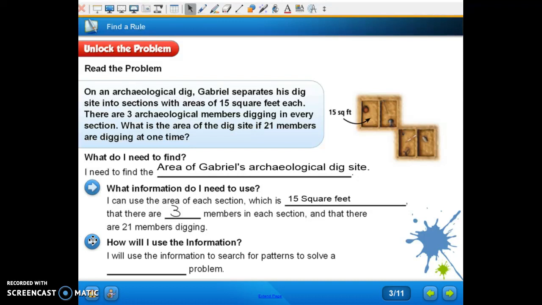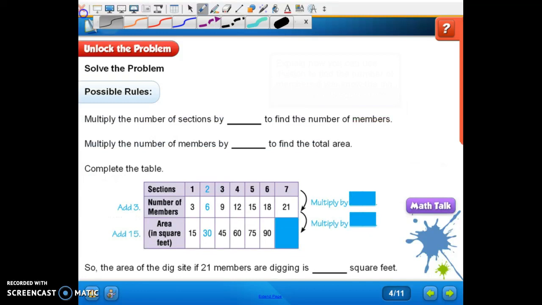How will I use the information? I will use the information to search for patterns to solve a simpler problem. Okay, multiply the number of sections by the number of members.